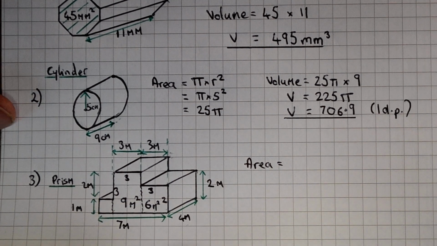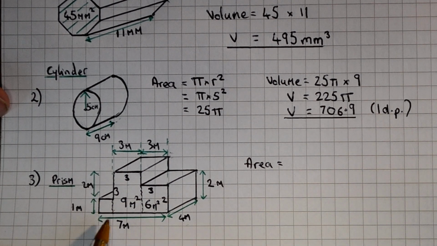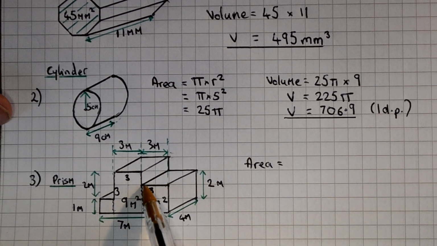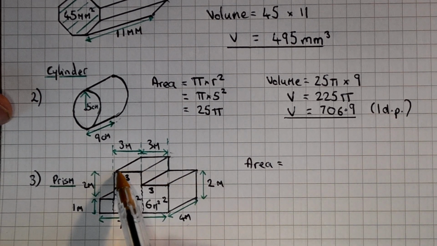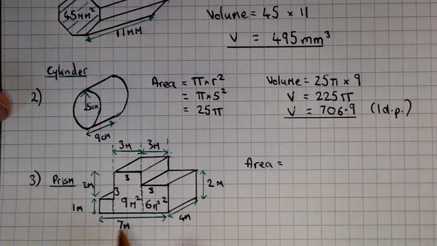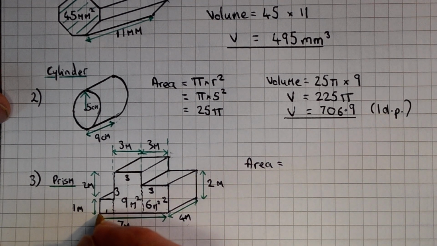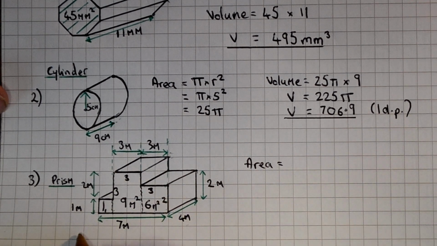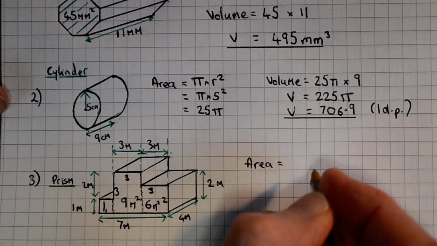That's the area. We've got one more part to find. 1 meter. See, that's 3 meters across. That's 3 meters across. That's 6 so far. 7 in total. Leaves 1 here. We know the height is 1, so the area is 1. So total area 6 add 9 add 1.